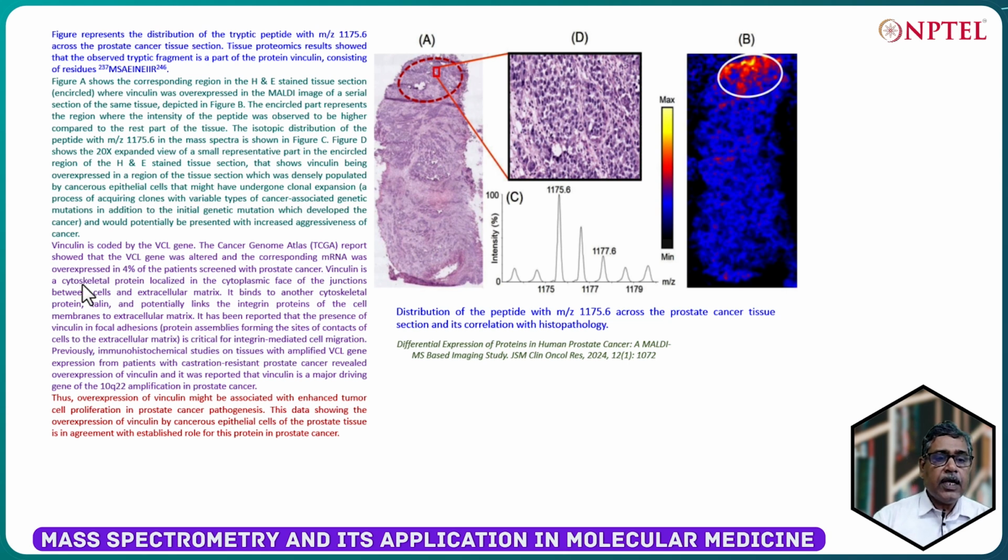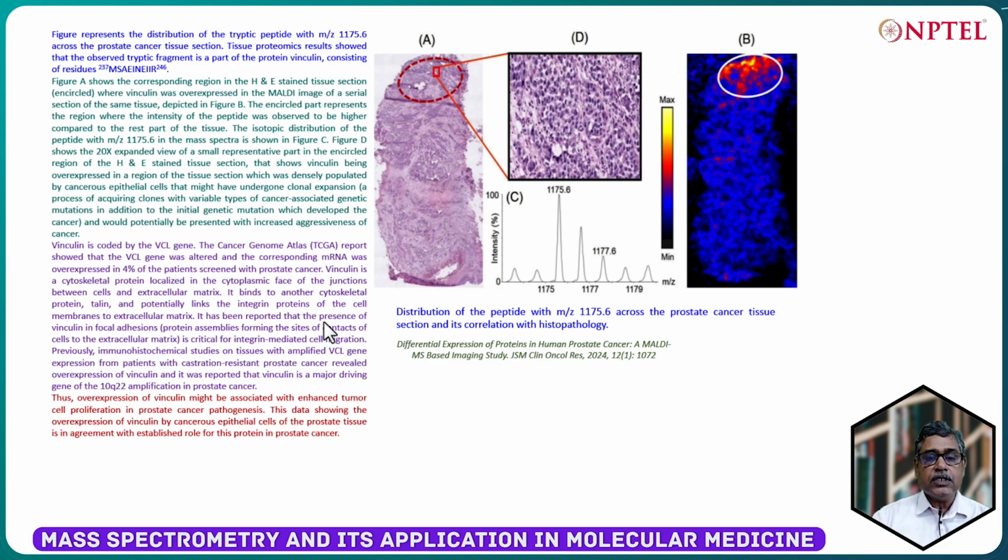Now, vinculin is a cytoskeletal protein localized in the cytoplasmic face of the junction between cells and the extracellular matrix. It binds another cytoskeletal protein, talin, and potentially links the integrin proteins of the cell membranes to the extracellular matrix.